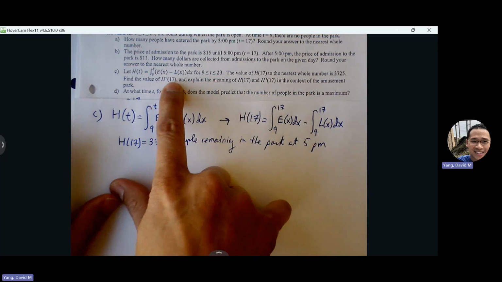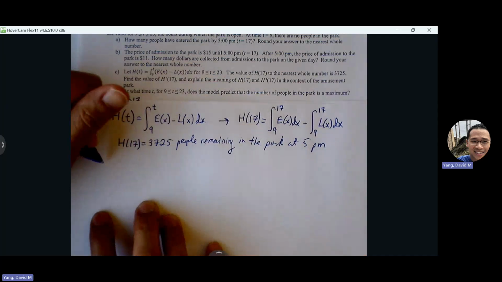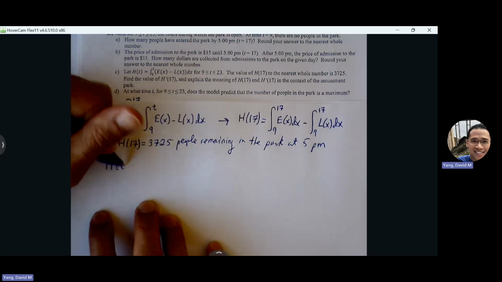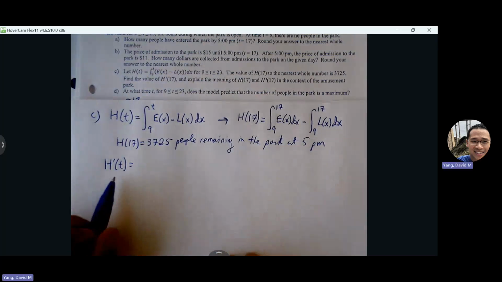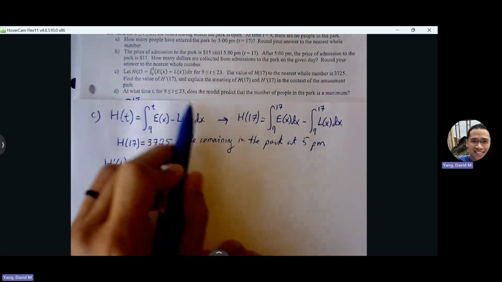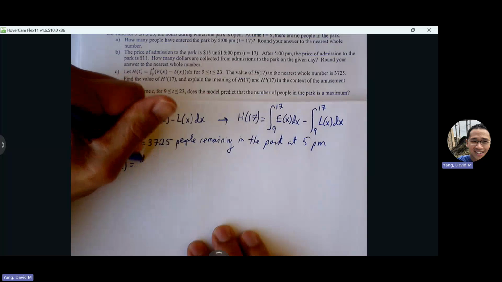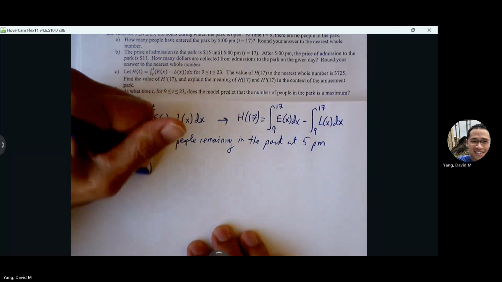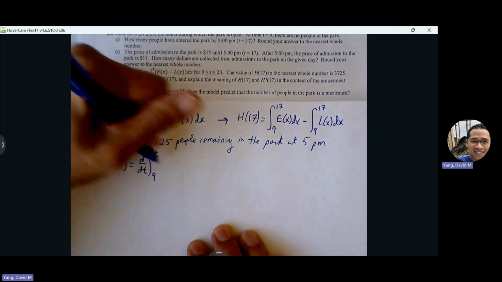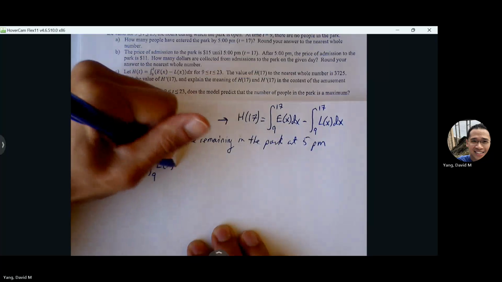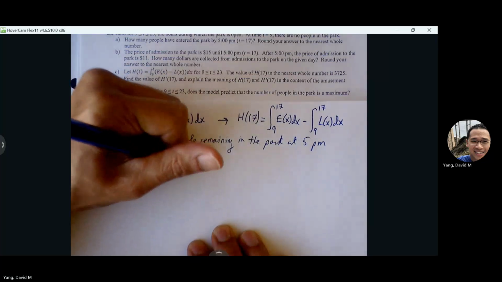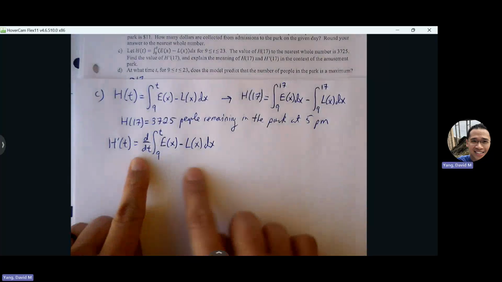Now, they say find the value of h prime of 17. Okay, let's figure out what h prime of t looks like first. So h prime of t means I'm asking for the derivative of this, right? So I'm going to write out what I want. I want the derivative of this expression. Look at this notation here.